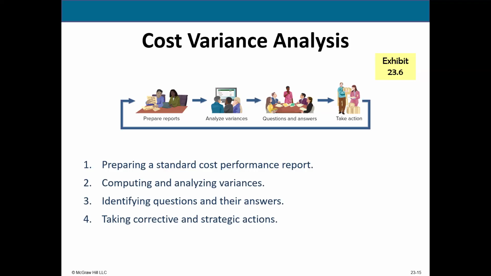The third step is we ask questions as to why these variances have occurred and what we could do to mitigate these variances from happening again in the future. And that leads us to step 4, which is to take that corrective action to make sure that these don't happen again in the future, or to minimize those variances. So that's the 4-step process.